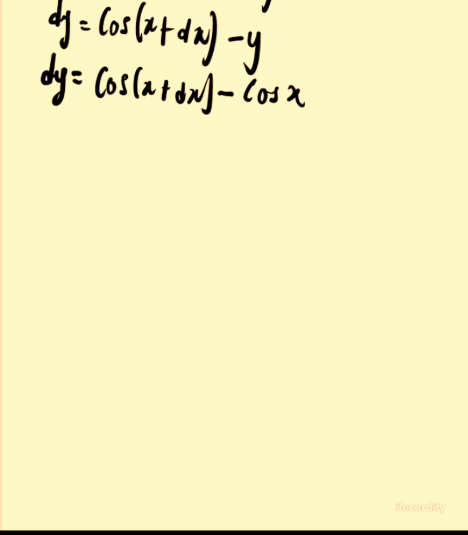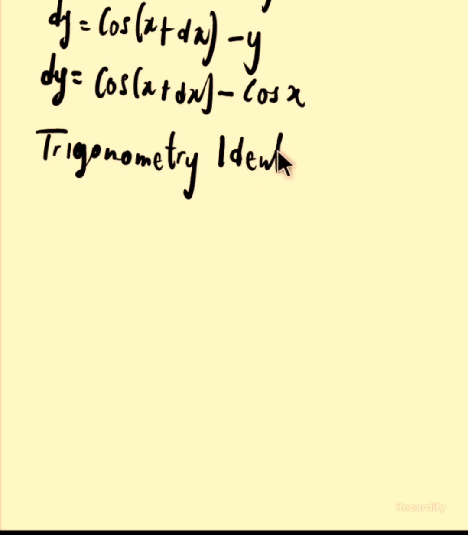In that last video, we had sin of (x plus dx) minus sin x, so I made use of the half-angle identity for sine. But instead of that, I'm having cos now, so I'll go back to the trigonometry identity. Don't forget the trigonometry identity for cos a minus cos b.